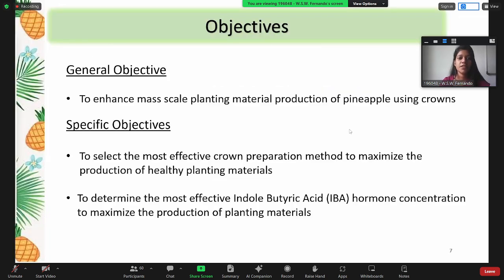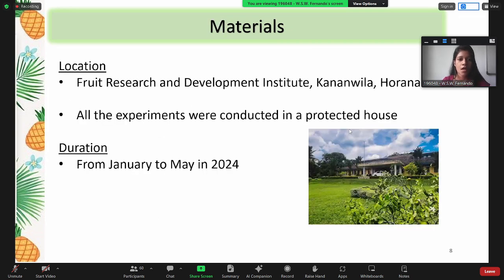In the objectives, the general objective was enhancing mass-scale planting material production of pineapple crowns. And specific objectives were selection of the most effective crown preparation method and determination of the most effective indole butyric acid hormone concentration. The research was conducted at Fruit Research and Development Institute, Kananvila, Horana, and all the experiments were conducted in a protected house.